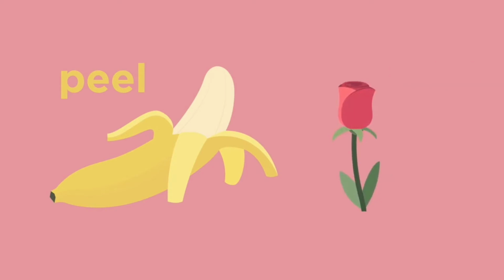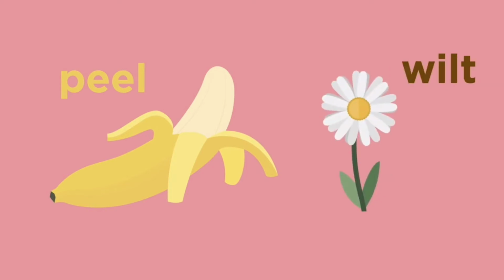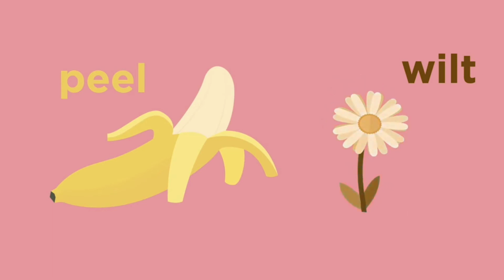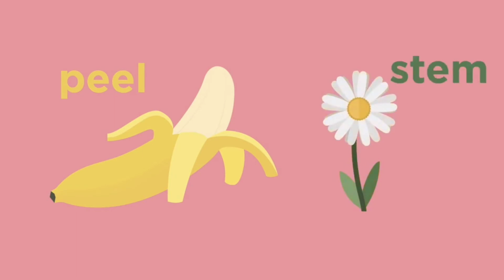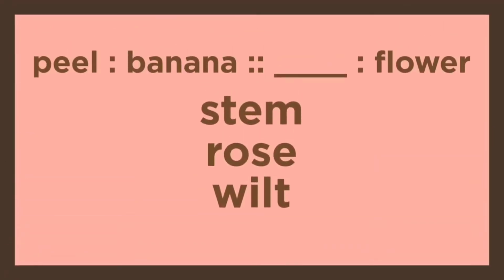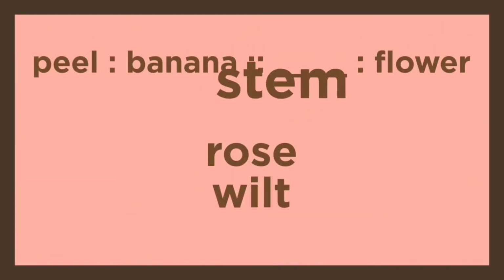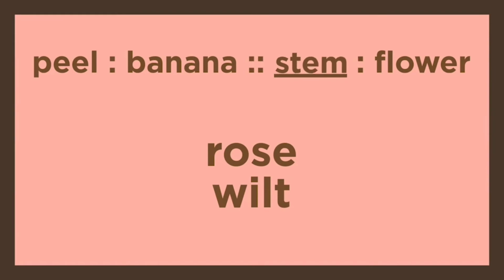It is a type of flower. Wilt is not correct because it is an action performed by a flower. The correct answer is stem because a stem is part of a flower. The analogy now reads, peel is to banana as stem is to flower.